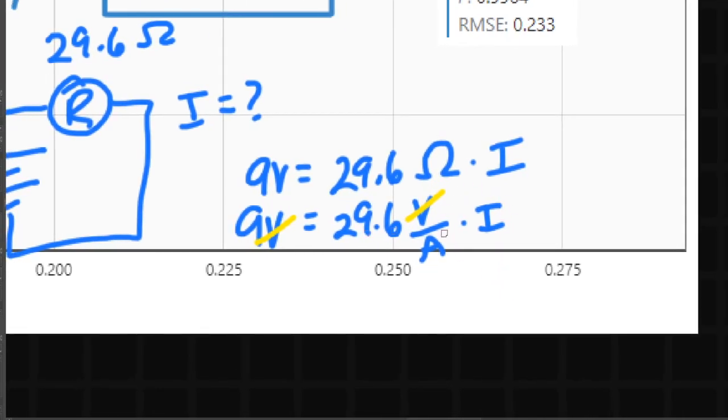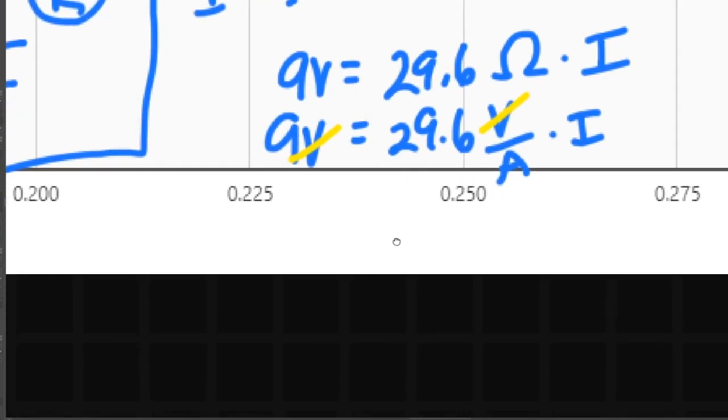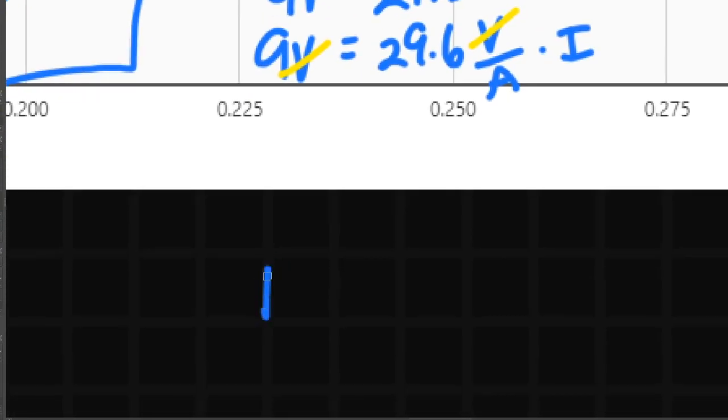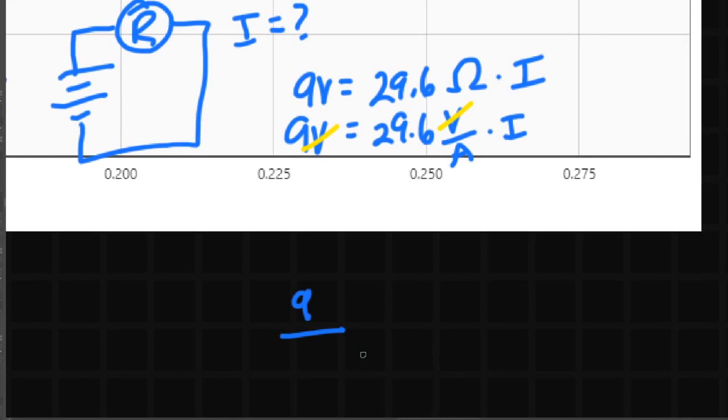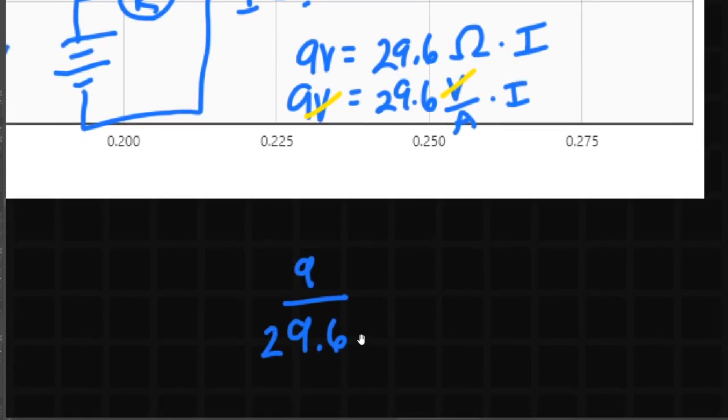Finally, I want to get I by itself. So what I need to do is divide both sides by 29.6. So down here, the 9 volts, we cancel out the volts, divided by 29.6 per amp will be equal to my current.